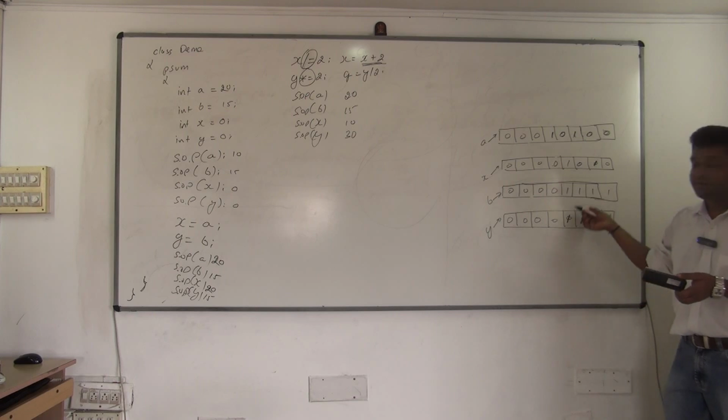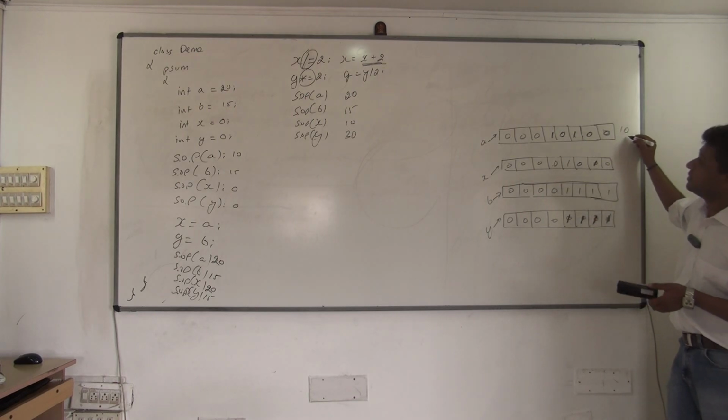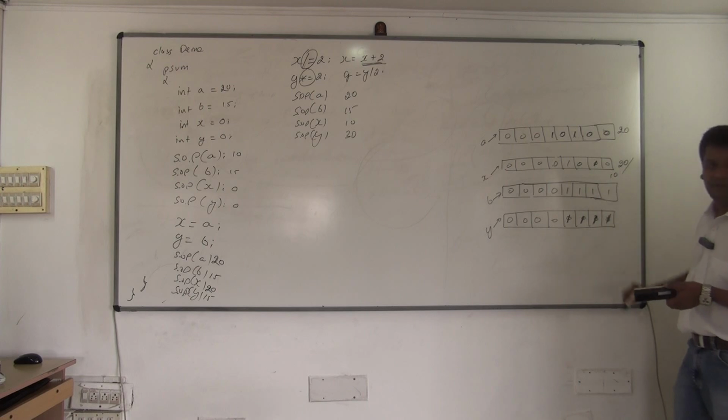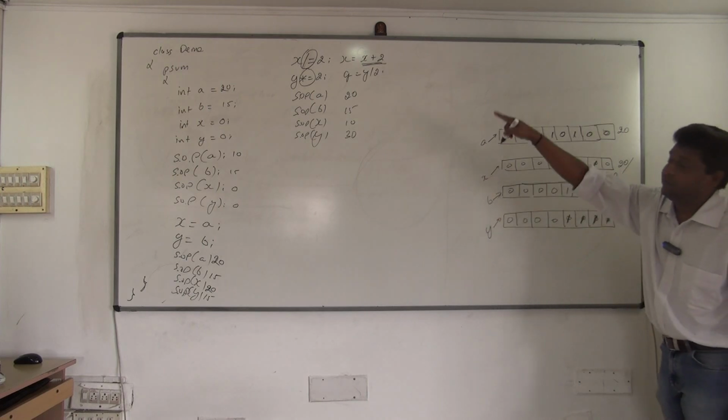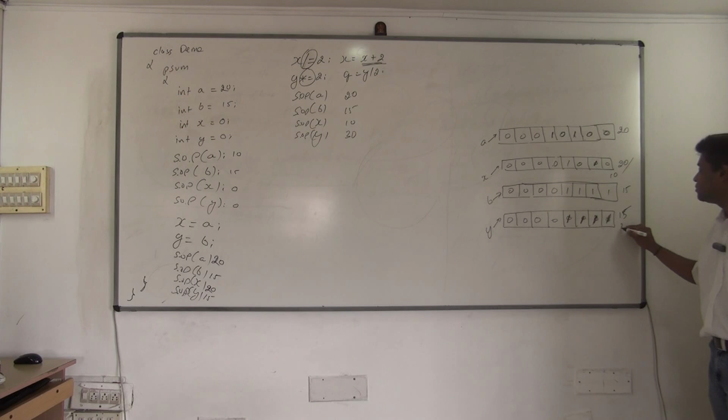It changes. Same way Y also is modified. A is having 20, X was having 20, but now it changes to 10. B is having 15, it remains 15 itself. Y was earlier having 15, but now it has changed to 30.